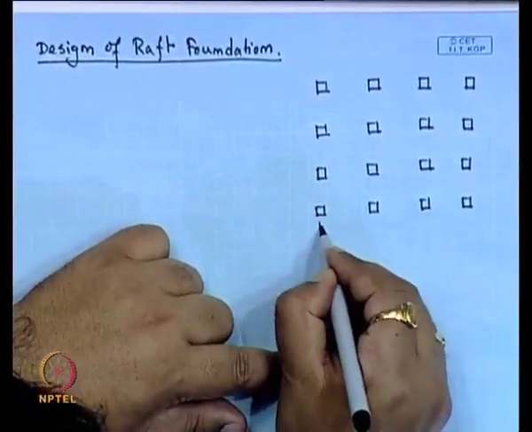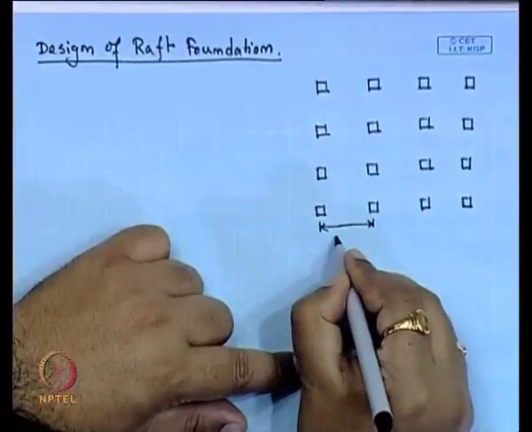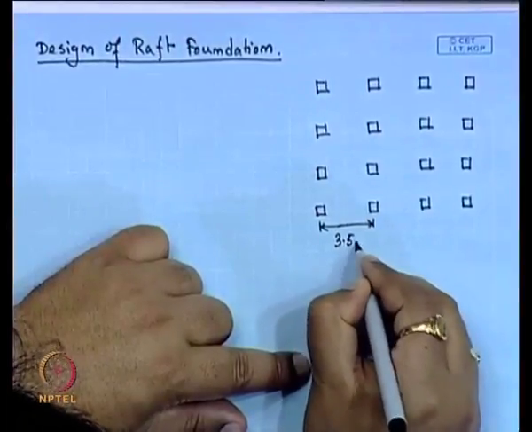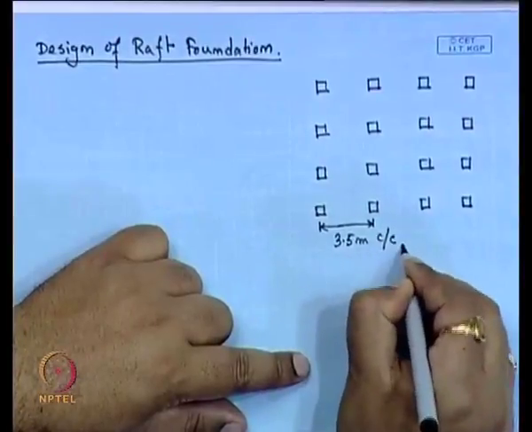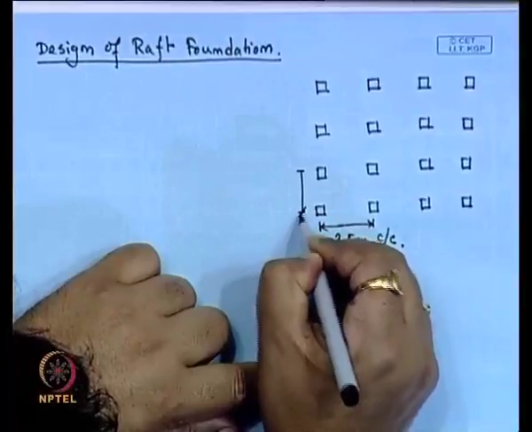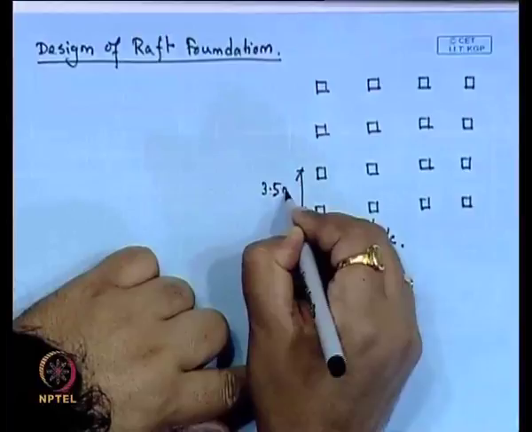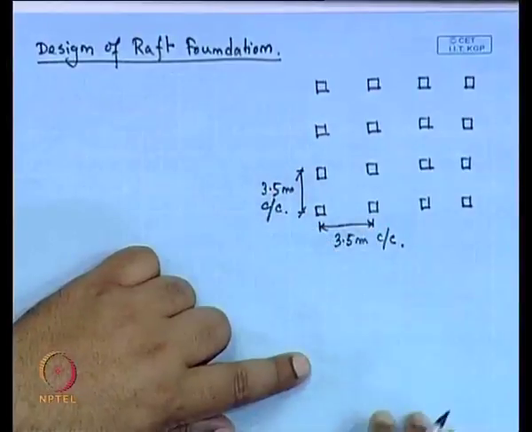Here the center to center distance between the columns for this grid is 3.5 meter. This is the center to center distance in this direction and this direction also, 3.5 meter center to center.